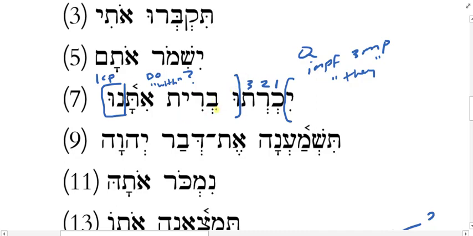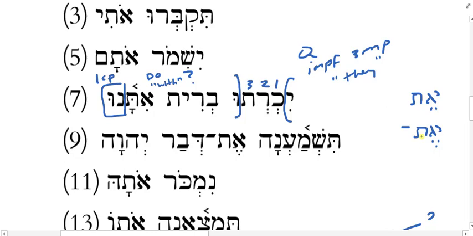When I don't have any pronominal suffixes attached to it, the word et can be written eit with a sere, or with a segol and the makaf, and it could be either of these. It could be the direct object marker, or it could be the preposition with. I cannot tell the difference. They are the same. Okay?